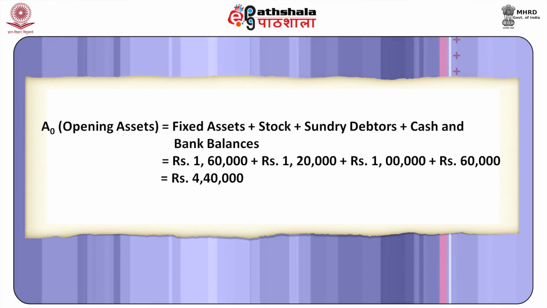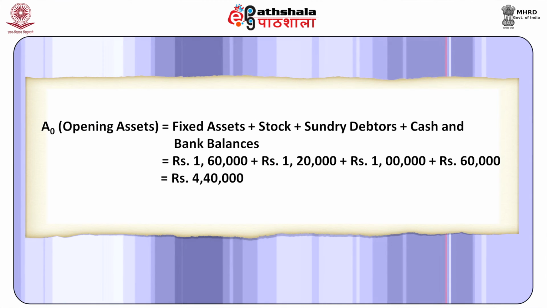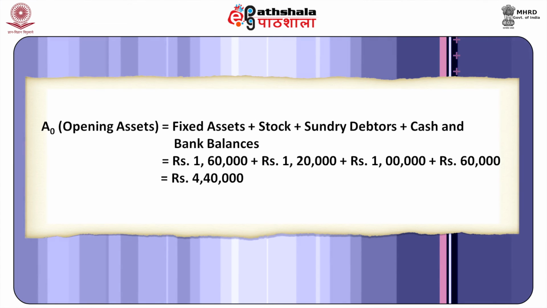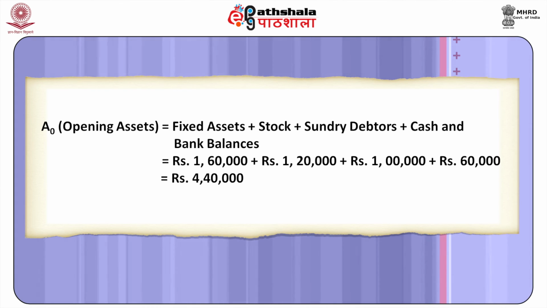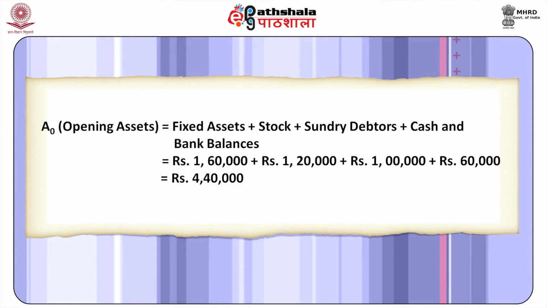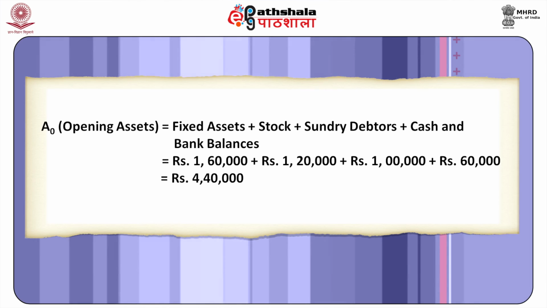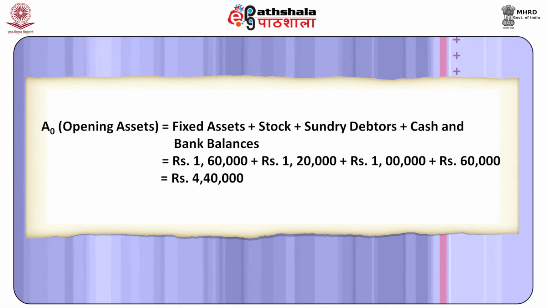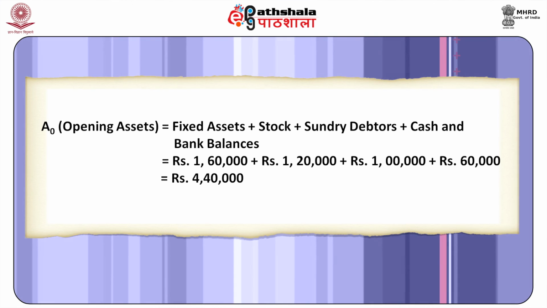Now let's come to the solution of the A part, that is determination of opening capital, that is C0. Here A0, that is opening assets, will be equal to fixed assets plus stock plus sundry debtors plus cash and bank balances, which will give you rupees 1,60,000 plus rupees 1,20,000 plus 1 lakh plus 60,000, which will amount to rupees 4,40,000.